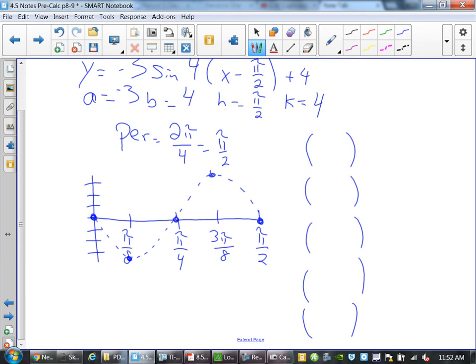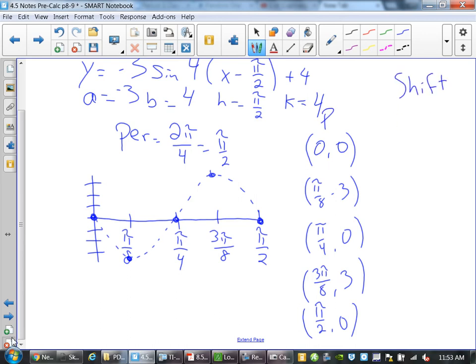There's 5 of them, right? So this is the parent, and then the shift. You know it's going to be x plus pi over 2, and then y plus 4.